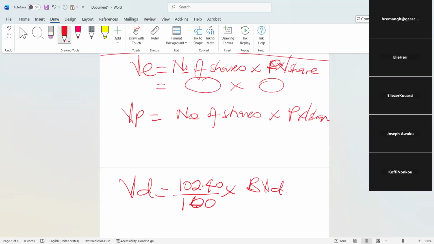It's not that every time he will make it 102.40. He can give it to you at 98 point something, 99 or 97, or 103.4 or whatever. But he's going to give you the bond quotation in the question. You will not be the one to calculate. He will give you the bond quotation, and you multiply by the book value of debt.